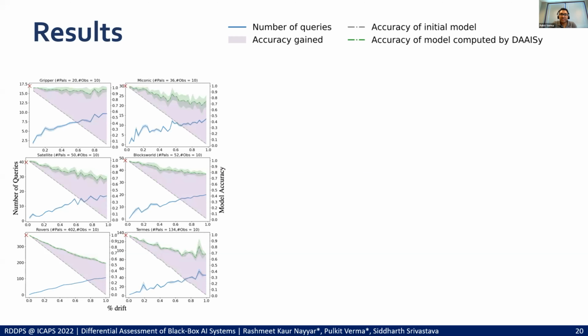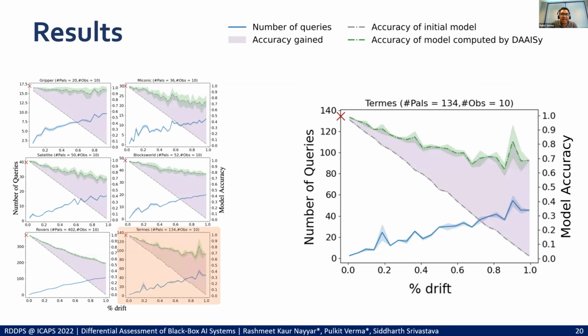And here are the results. I highlight the result on the Termes domain. Since we do not collect more observations as we keep updating the model, we see a drop in the accuracy as we increase the amount of drift. For Termes, here we collected 10 observations, meaning 10 state-action-state tuples.